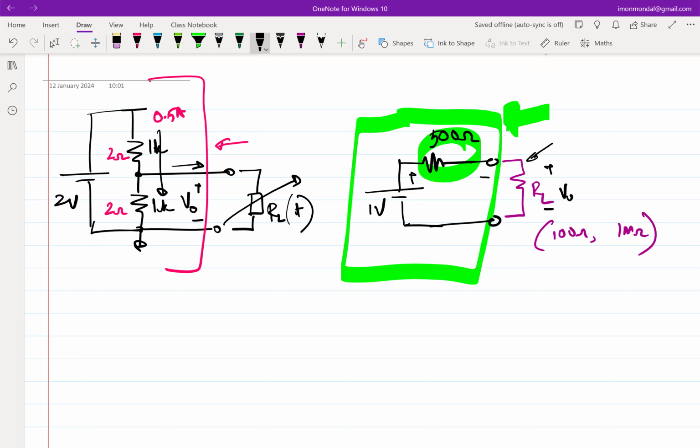So let's park negative feedback for a few classes and get back to the effect of loading.